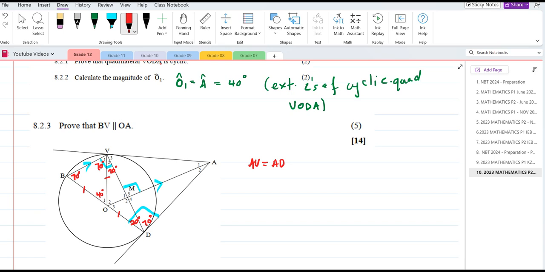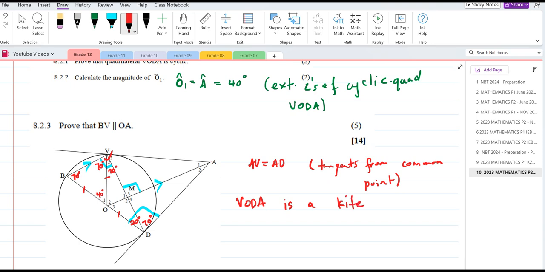AV is equal to AD, because tangents from common point, we had all this before, right? Common point. We got AV equals AD, tangents from common point. We know that angle BVD is 90. I'm trying to get this one to be 90 and that one to be 90. So VODA is a kite.